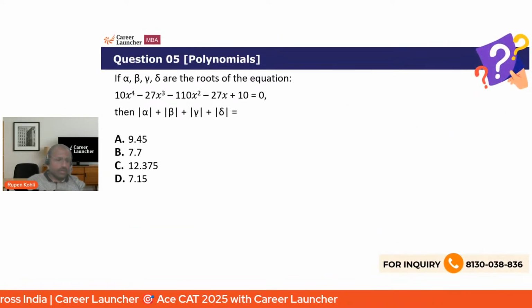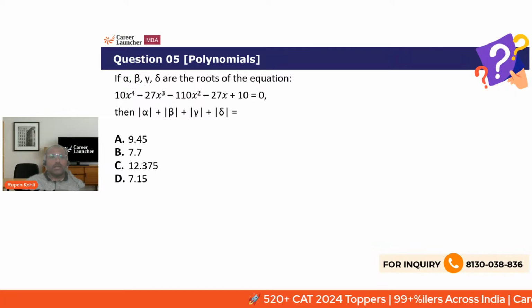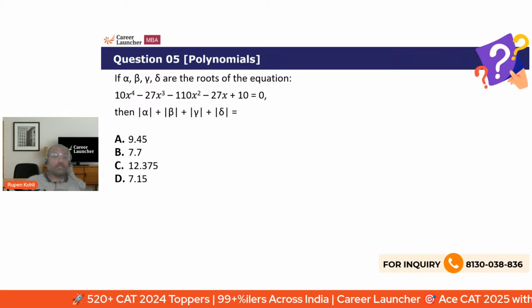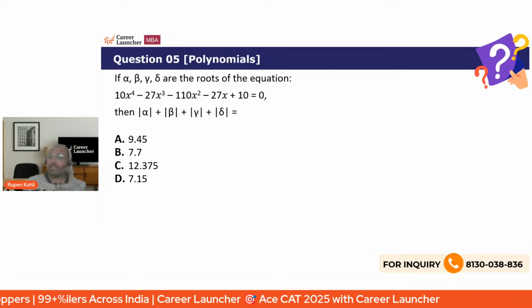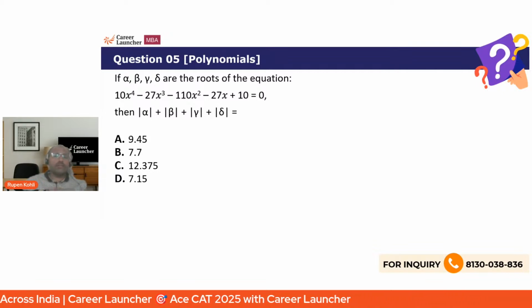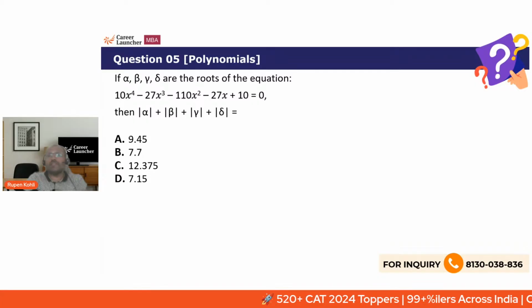Now, okay people, something on algebra and a little bit of a hardcore problem for the next one. I have seen, through my experience and the historical pattern of the CAT paper, that things which have been obsolete for 10 or 15 years suddenly appear.